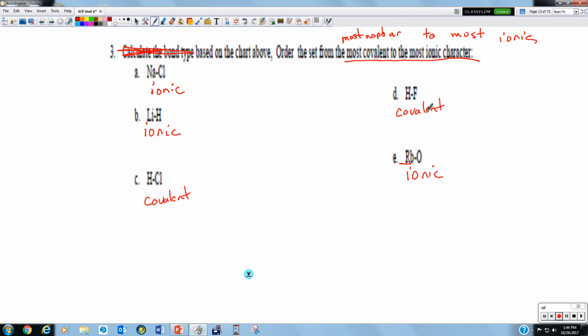All right, so now let's start looking at this. Looking at the periodic table, relationship between lithium and hydrogen, how close are they? Pretty close. They're right next to each other, so these are very close.